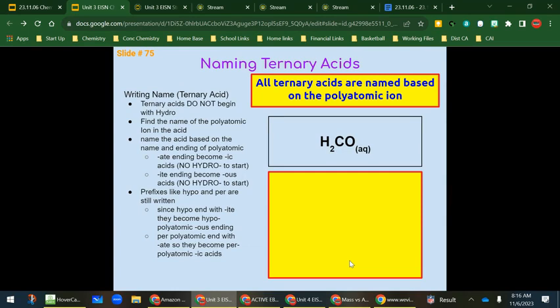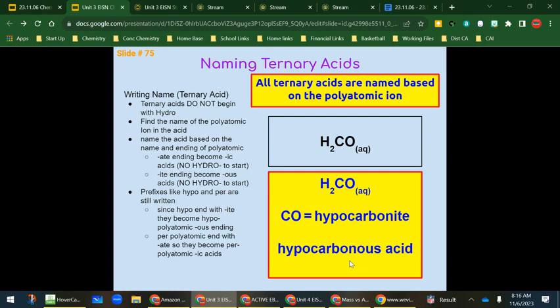What polyatomic does that come from? Hypocarbonite. So what would the acid be? Hypocarbonous acid. There you go.